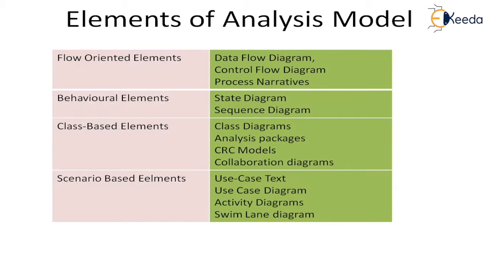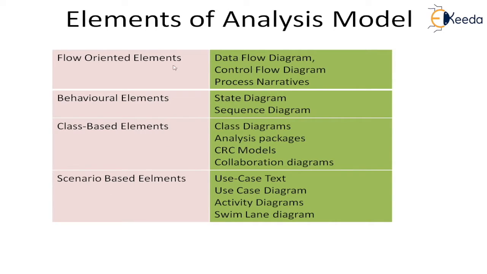Then when we go to the analysis, the elements of the analysis, can we classify the analysis models? These are all the elements that are available in the analysis models. Many models are available, and these are categorized into four types of elements: flow oriented elements, behavioral elements, class based elements, and scenario based elements.